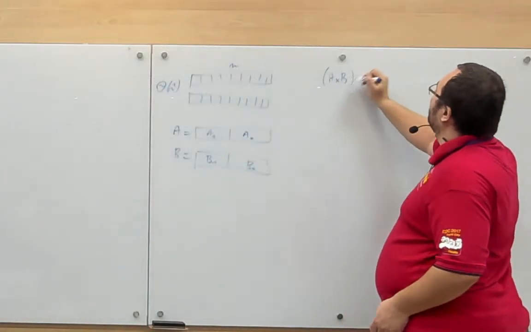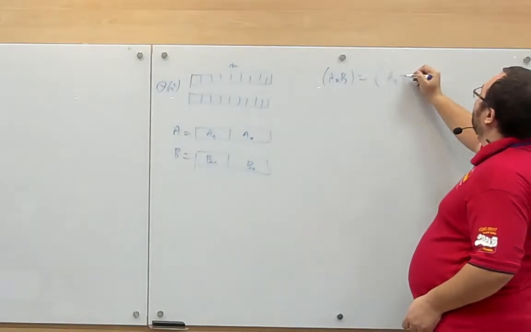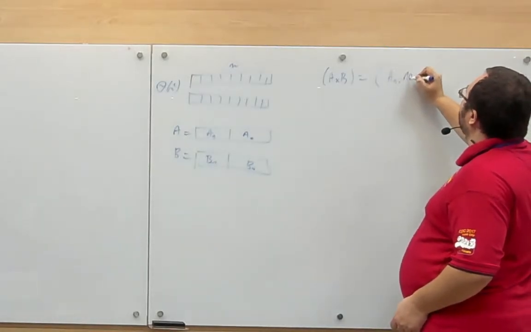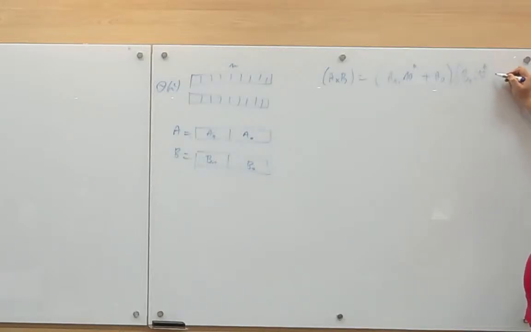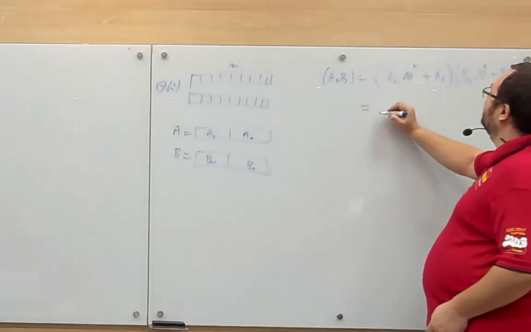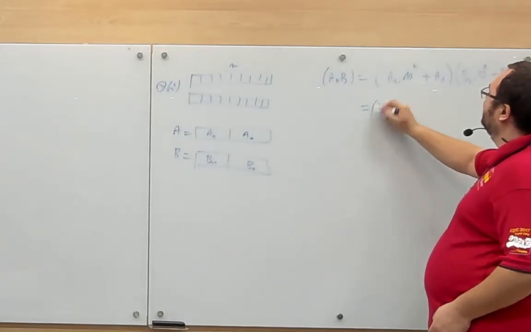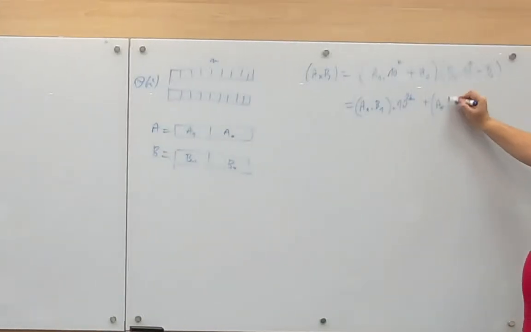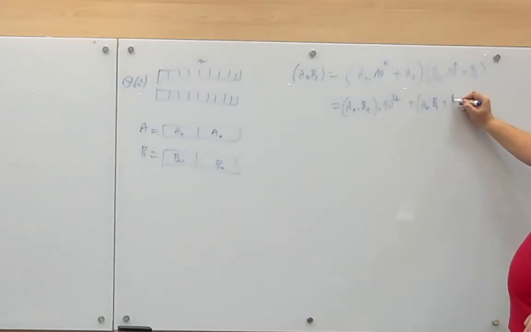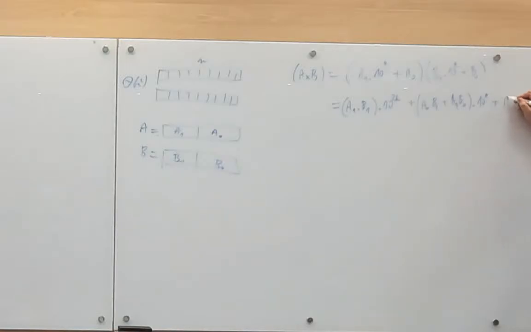A times B equals (A1 times 10 to the k plus A0) times (B1 times 10 to the k plus B0), and we can rewrite this as A1 times B1 times 10 to the 2k, plus (A0 B1 plus A1 B0) times 10 to the k, plus A0 times B0.